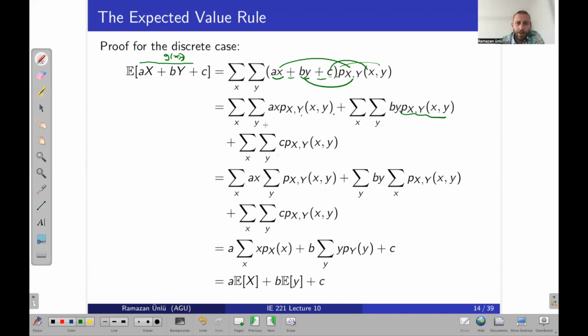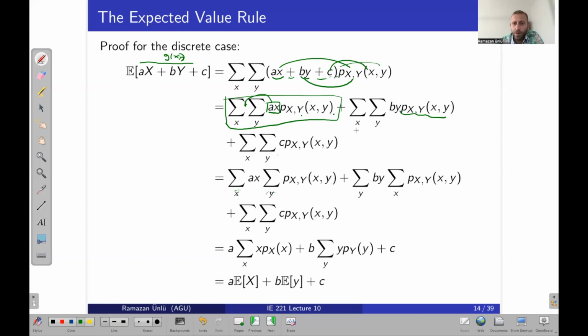Okay, now let's look at this guy first. This one does not depend on y, so I can just take it out here. That will be the sum of ax for all possible x times the sum of p(x, y) for all possible y, right?